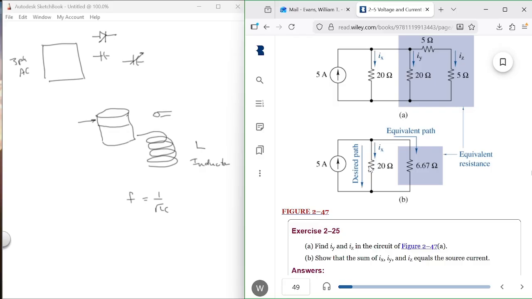So what's the current through the 6.67 ohm resistor? Well, it's 20 over 26.7 times 5. Opposite. But if you have more than 2, if you have 3, 4, 5, 6, then it's that big fat equation, which is pretty hard to maneuver. So the goal always is to get it down to 2, and then you can do it. It's the opposite.